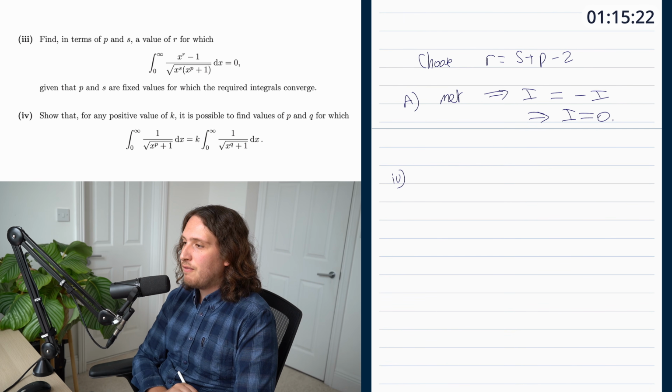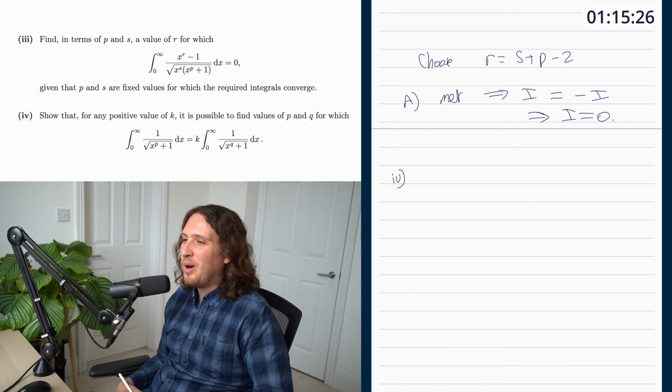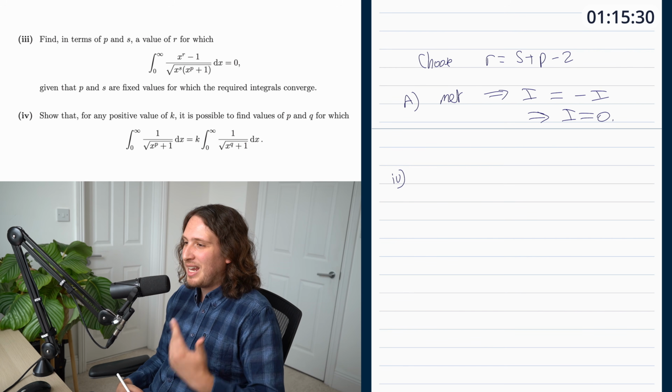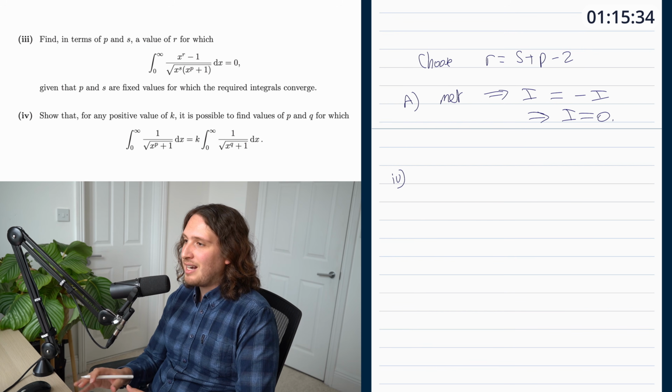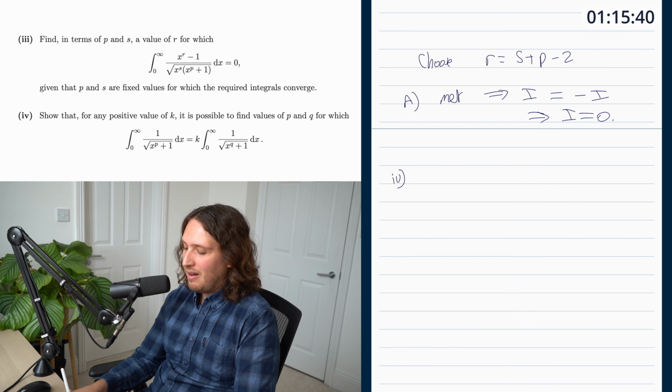And then part 4, well, if part 3 was generalizing part 1, part 4 is clearly generalizing part 2. Therefore, I want to make a substitution more like the one of part 2. And given that the fact I got a 2 on the right-hand side in part 2 was from the u to the minus 2, from differentiating that, I bet I want to substitute x equals u to the minus k, right?